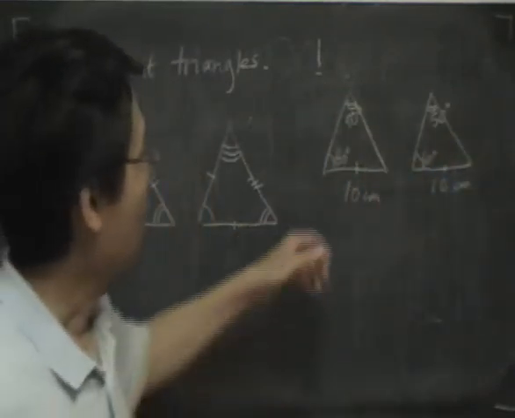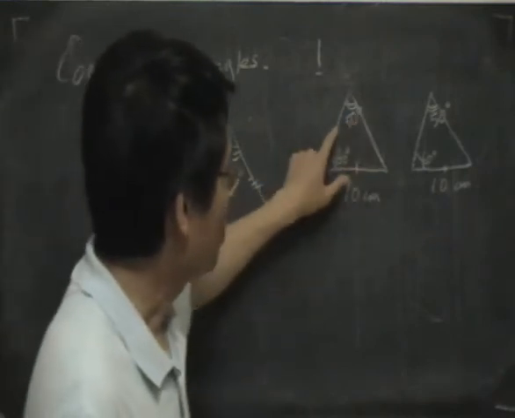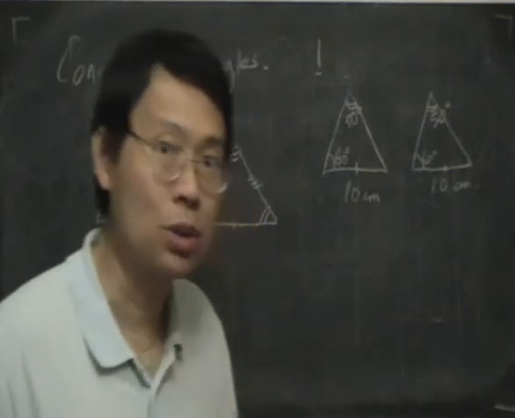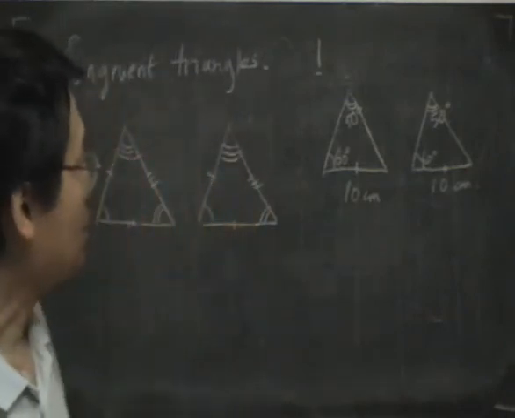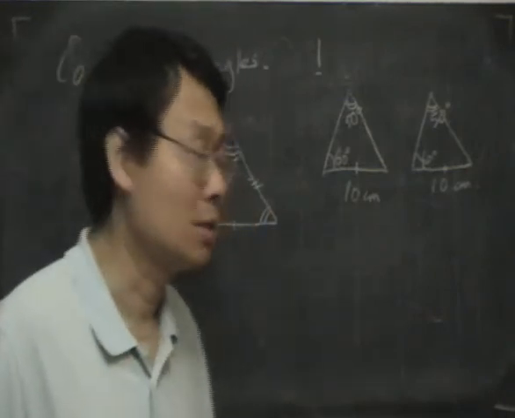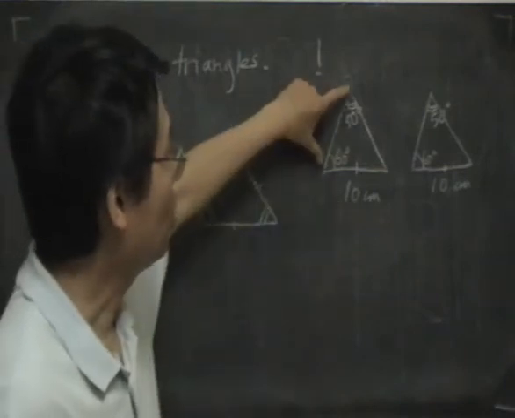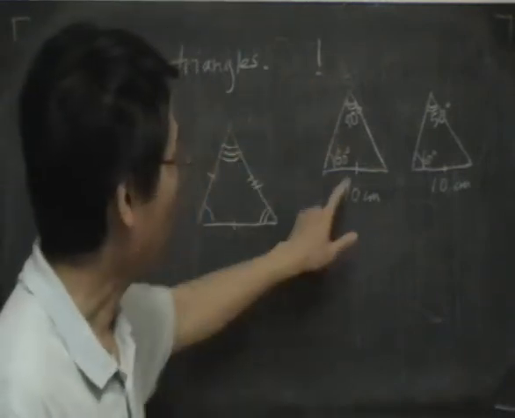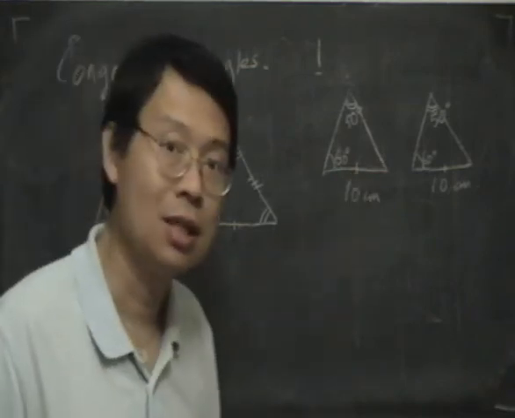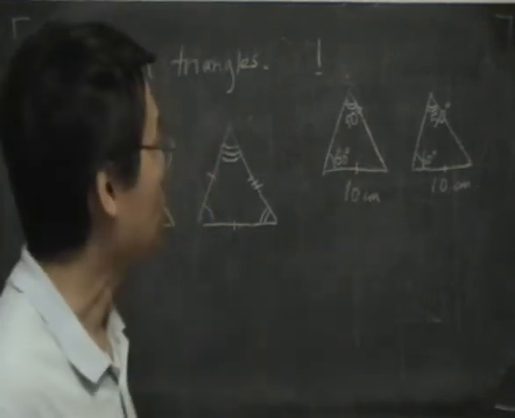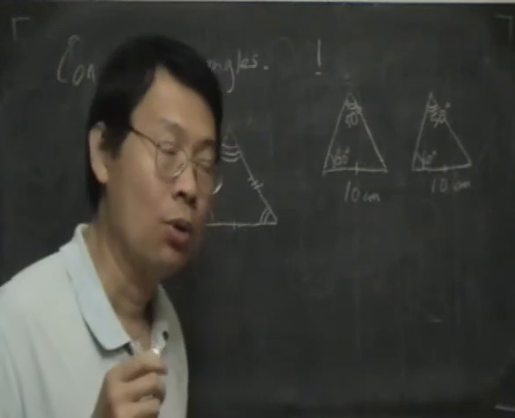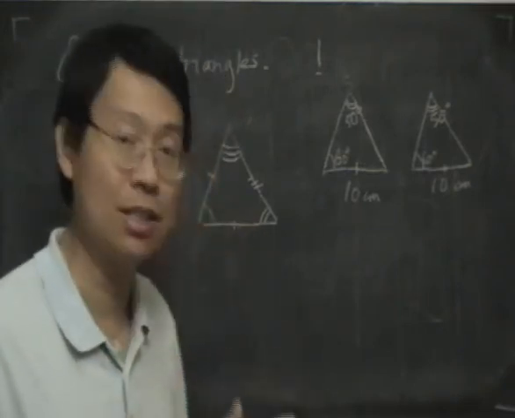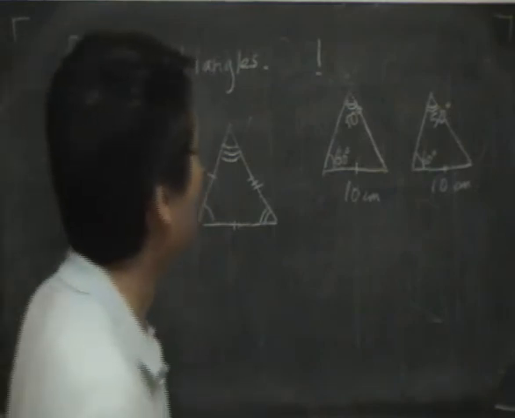Meaning that all the other sides and the remaining angle are also equal. In this case, the answer is yes. As long as we know 2 of the angles and 1 side, that is enough information to say that the triangles are congruent.